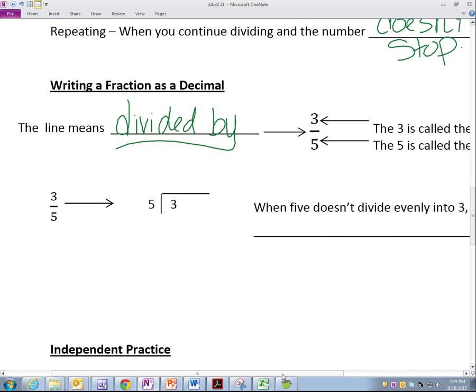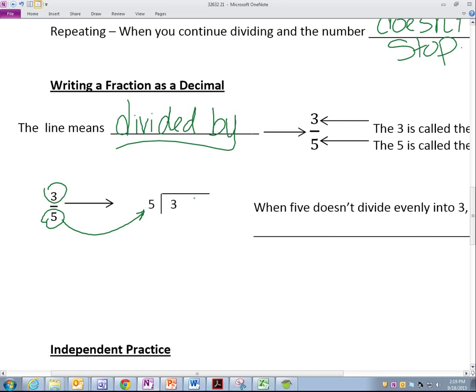Now, when I see 3/5 as a fraction, I need to recognize that it means 3 divided by 5. The divisor goes on the outside. The dividend goes on the inside. Now, I know that I cannot do 3 divided by 5 and have a whole number.